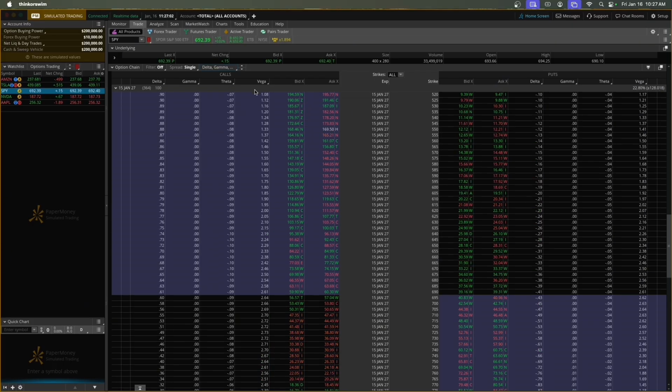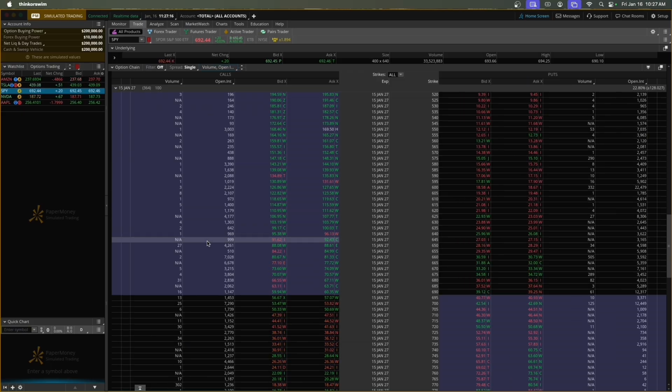I want delta to be relatively high, so I like the 60s and 70s, so I want it to be in here somewhere. So I know that I'm going for one of these. The next thing I'm looking for is something with a lot of open interest. So let's go to this one because this one has high open interest, okay?